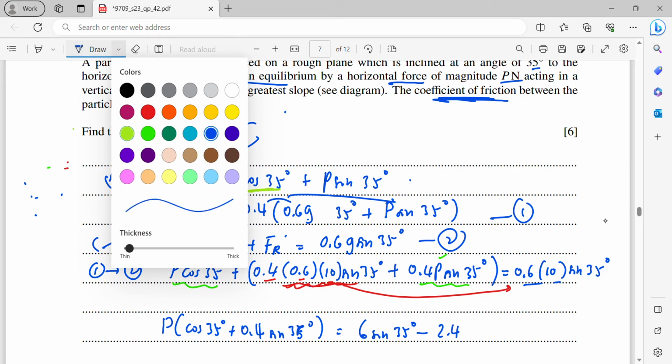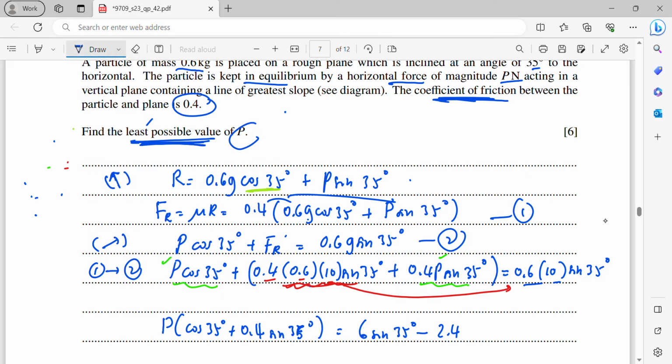So this is cos, then this is going to be cos. It should be cos 35 degrees. Then here I'm getting cos 35 degrees.